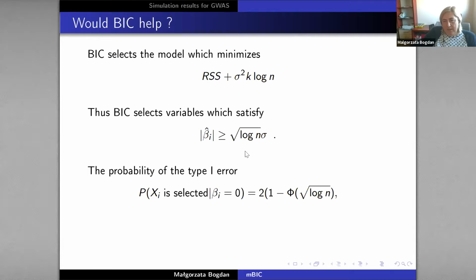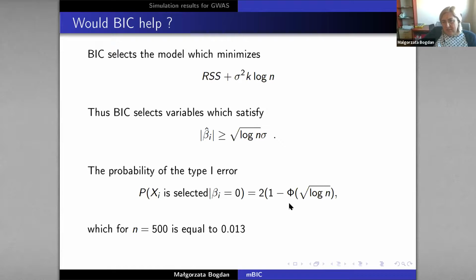And now when we repeat our calculations, we will see that, for example, this penalty does not depend on p, but depends on n. And when n is equal to 500, the probability that I'm going to include a wrong predictor is very small, like 1%.